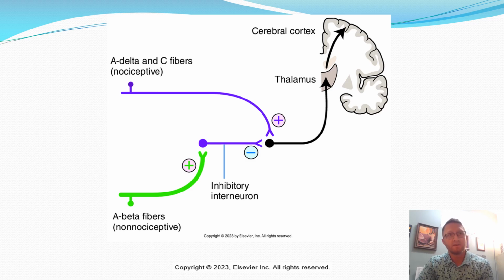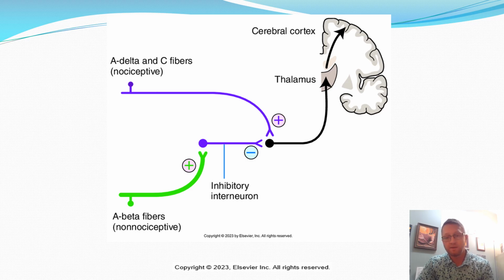We can see in this image here this inhibitory neuron that I spoke of earlier. So this is really what's responsible for that gate theory of pain control. Again, on the top, you can see that we have this little purple pathway here, so A delta and C fibers, part of the nociceptive system, right? That is going to process noxious stimulus. Bam, it gets to this second order neuron, and then it gets sent up to the thalamus.